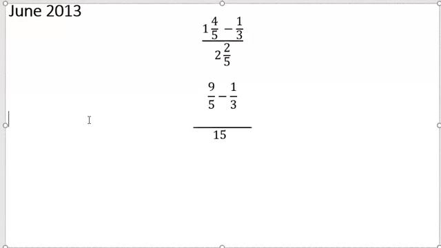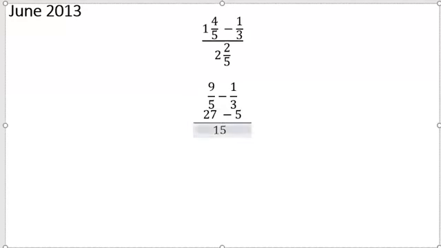So now we can go ahead and work, and we can say 5 into 15 goes 3 times, so 3 9s, 27, minus 3 into 15 goes 5 times, 5 1s, 5.